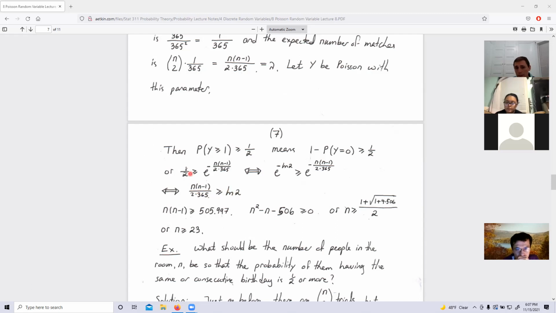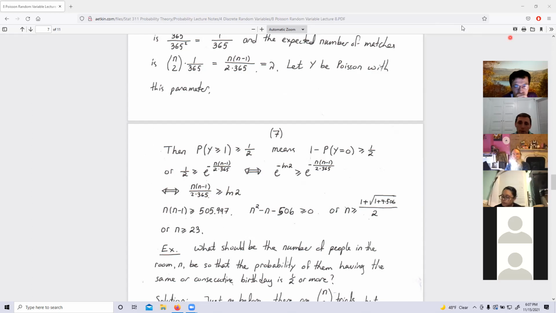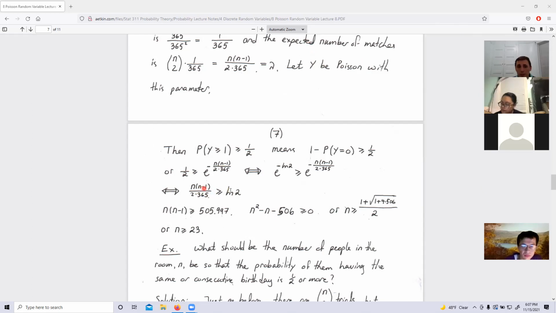Does it make sense? You remember logarithms enough for me not to need to explain this, or am I wrong? You'll see this calculation. Yes, guys, so this number is bigger than or equal to ln 2. And then from there on, it's just a quadratic equation. Just rearrange it into a quadratic equation, and you see that for this calculation to be true, n has to be bigger than this number, when n is an integer. So this number is closest to the integer 23.